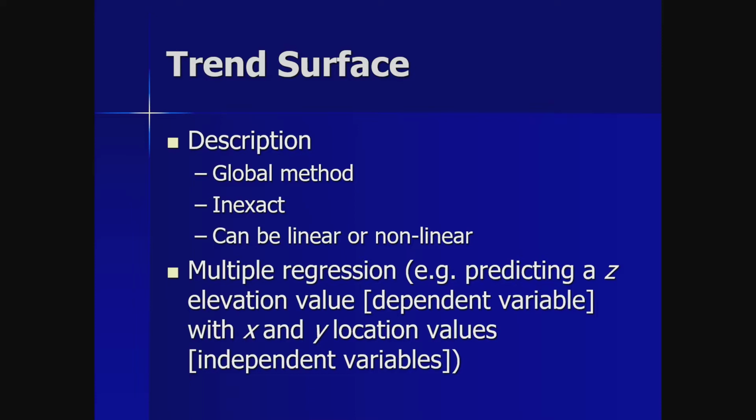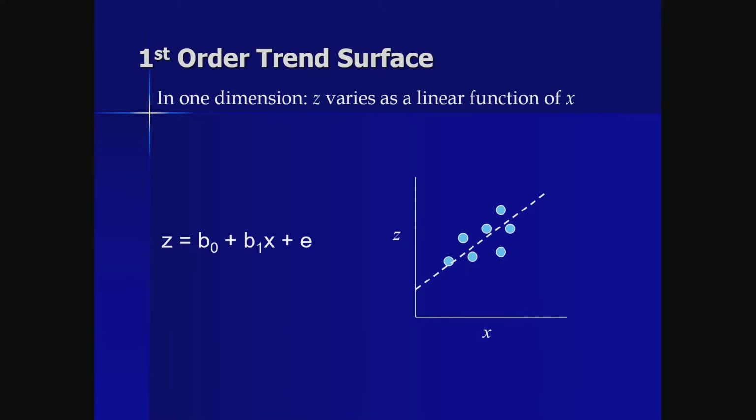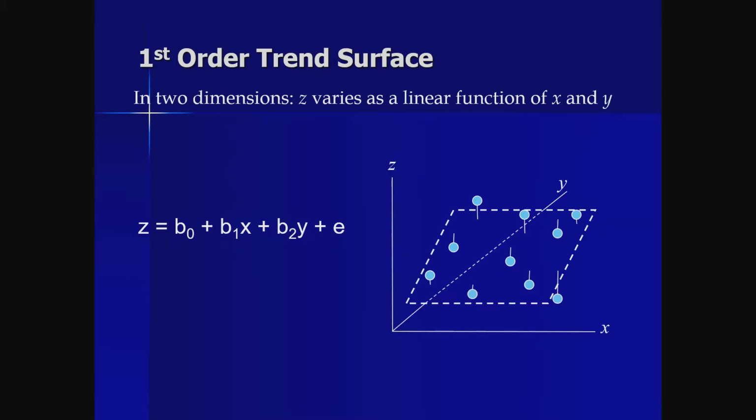I was talking before, it's a pretty simple mathematical formula for a line, right? Well, if we want to make that pass through a surface, in other words, be a plane, then we have a first order trend surface like this, where we basically just have a different coefficient for how the x is multiplied and how the y is multiplied.